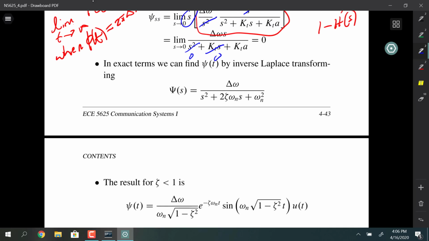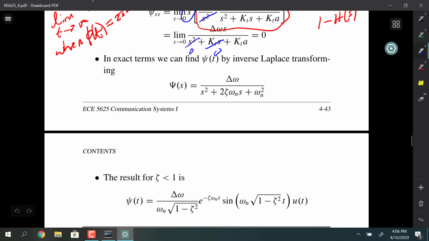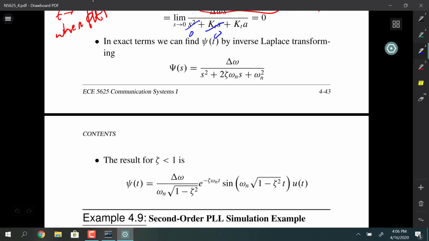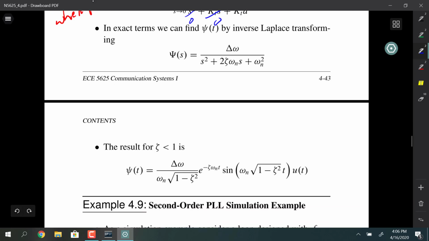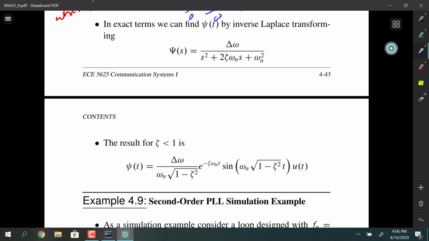Another thing that's nice to understand about the higher order loops is what sort of transient you have. When you have a frequency step into this second order loop, we like to be able to see what the actual phase error is doing as a result of delta omega.